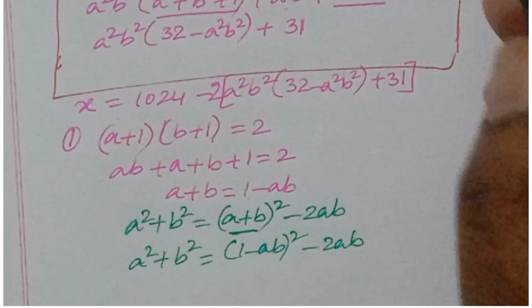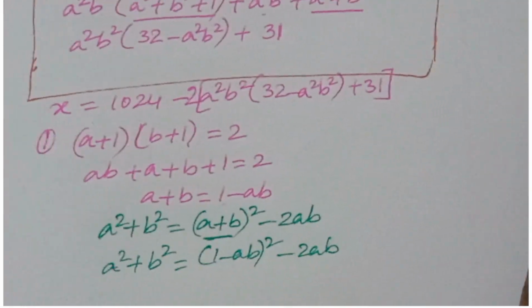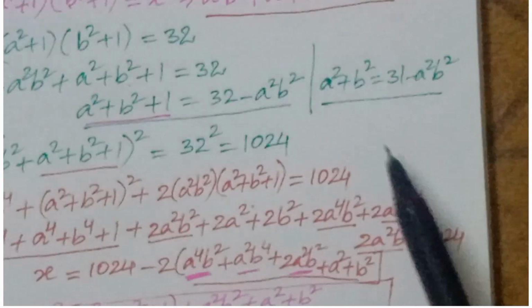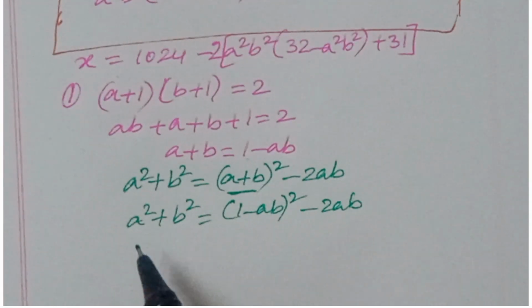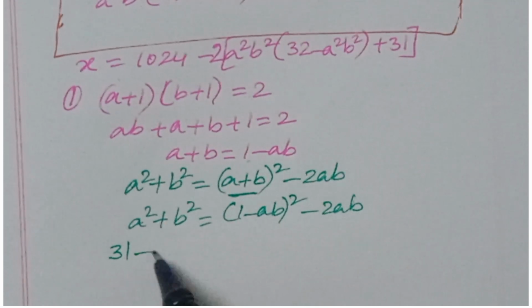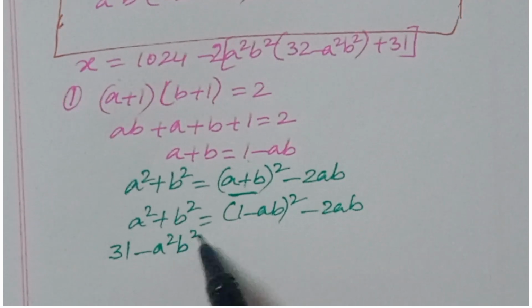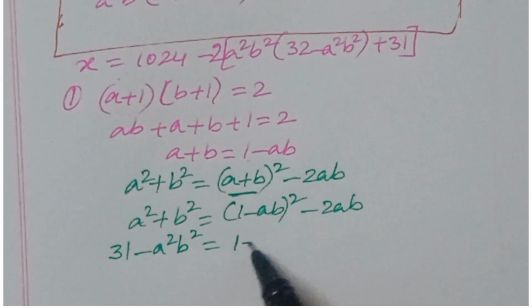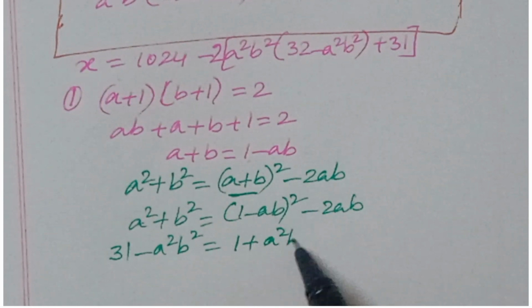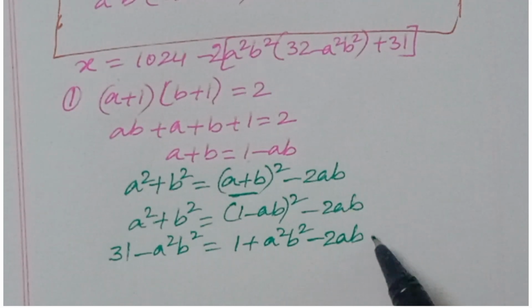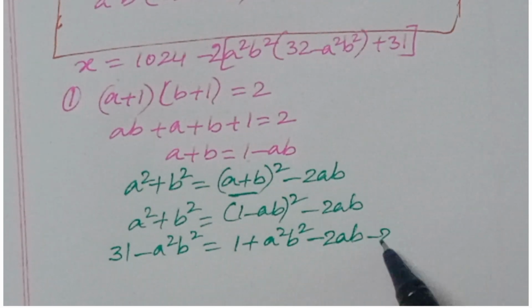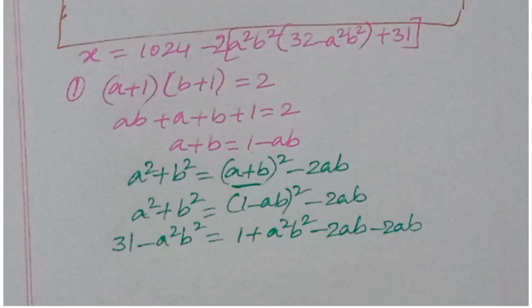Now a square plus b square value, here I got a square plus b square value is 31 minus a square b square, that we are writing here. 31 minus a square b square is equal to 1 plus a square b square minus 2ab minus 2ab.